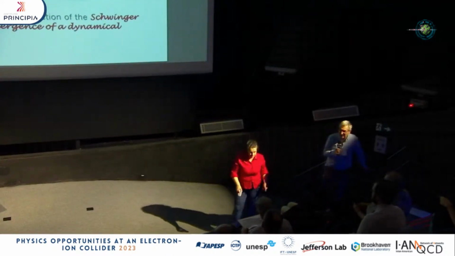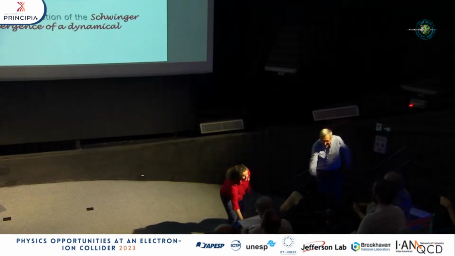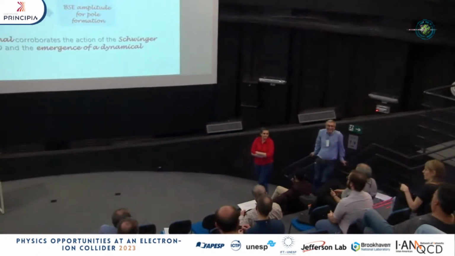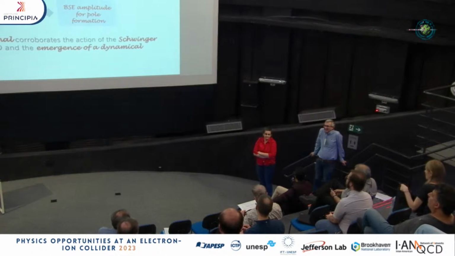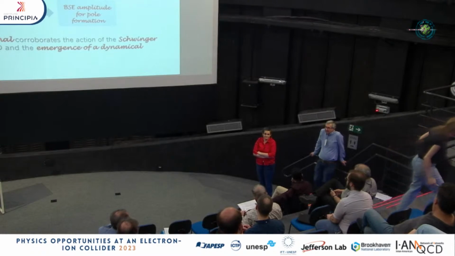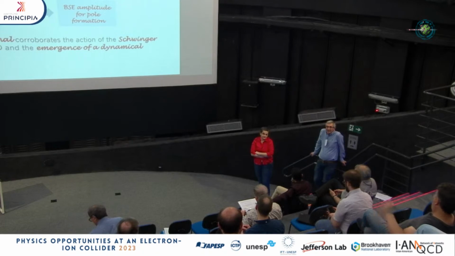Questions to Arlene? Okay. Well, very nice talk. One of the clearest talks that I have heard on this topic. Congratulations. Thank you. So you would say that the same cannot happen for the photon, isn't it? Because the photon is not a self-interacting field. Otherwise, is there a way to generate mass for the photon as well?